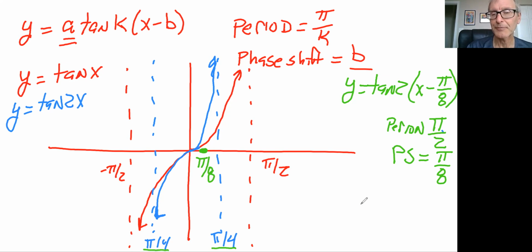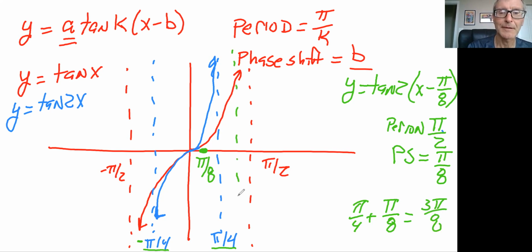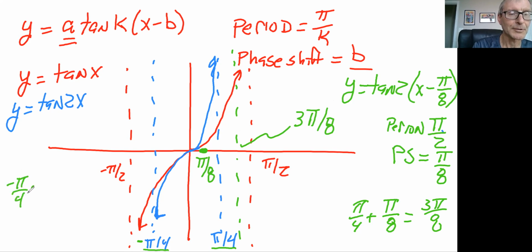So what's pi over 4 plus pi over 8? That should be a minus, sorry. That would be 3 pi over 8, right? So the asymptote for this would be 3 pi over 8. So what would be minus pi over 4 plus pi over 8?